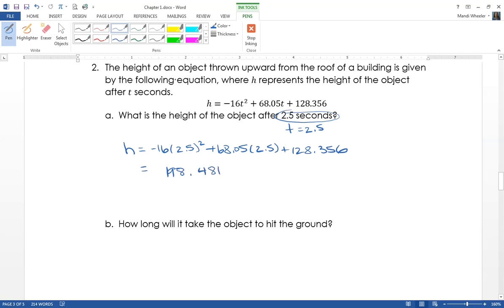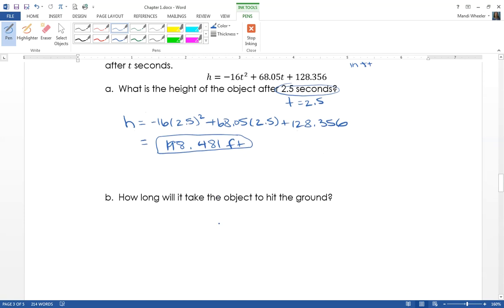Here it just says h represents the height. I'm going to make the assumption, though I'll be very clear on any written exam, that h represents the height in feet. So our answer here would be 198.481 feet.